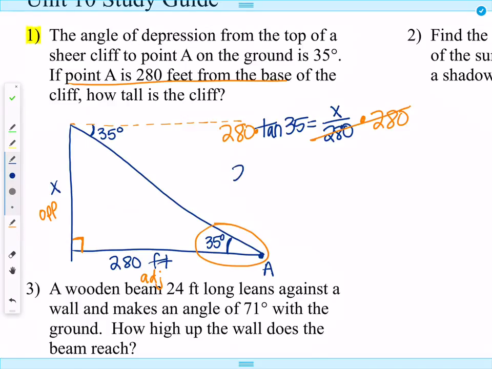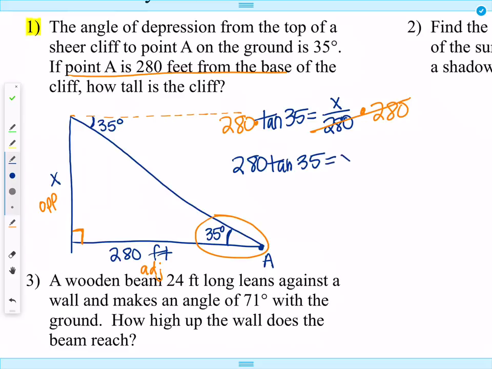And now we can just put that into our calculator. Okay, so we're going to type in 280 tangent of 35, and we get 196.